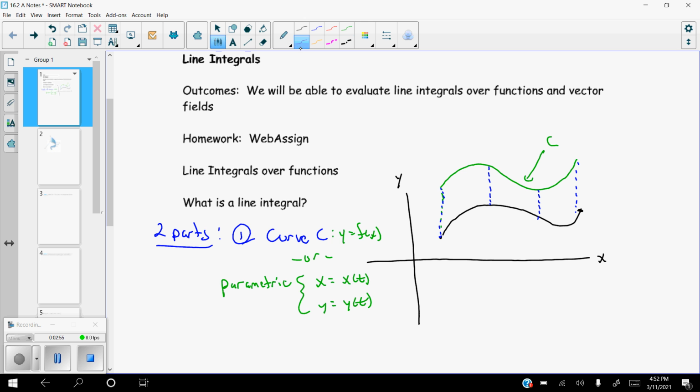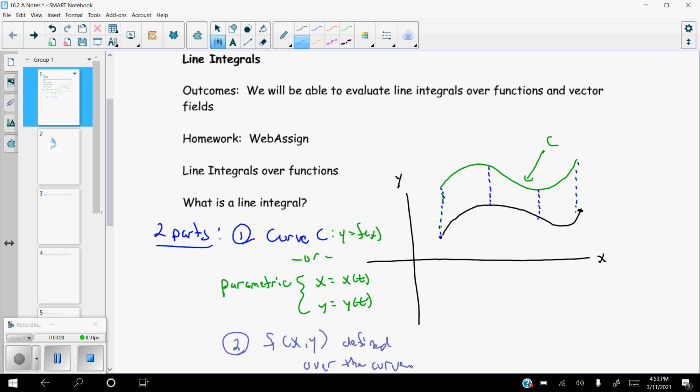And then the second thing that we need to have is our f of xy. So again, this is our green curve. Our f of xy has to be defined over C, or over the curve. In other words, there can't be any undefined values through there.